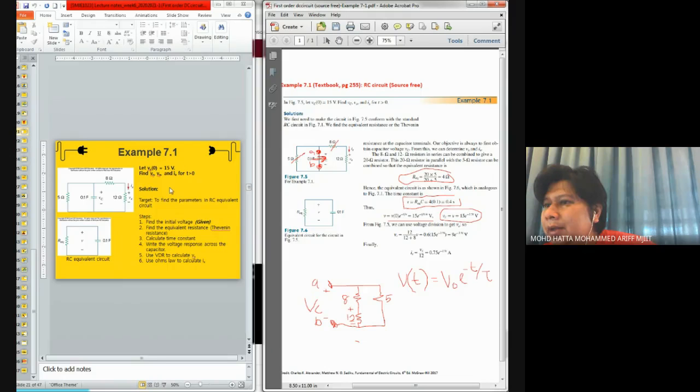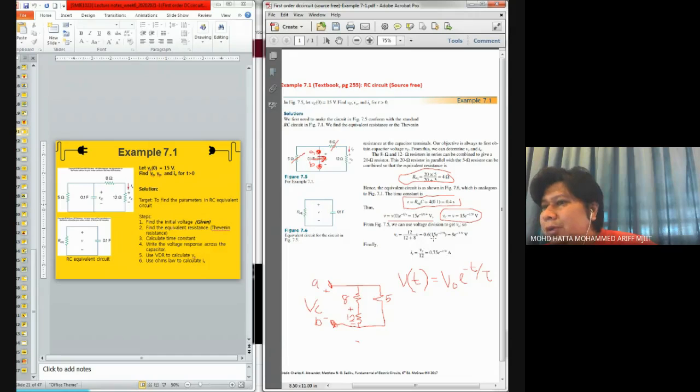Basically, to find Vx and Ix, you can find either of the information first. For example, if you'd like to calculate Ix first, you also can, because Ix is given by Vc divided by these two resistors in series. You combine these two in series, and then Vc is divided by this resistor.